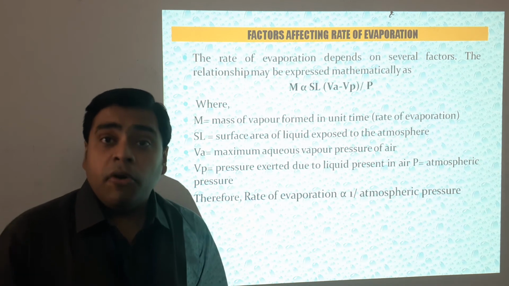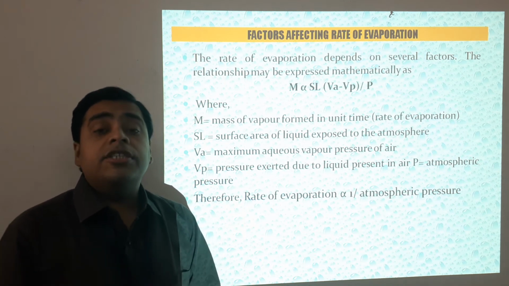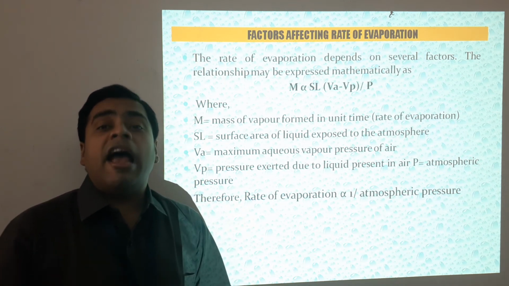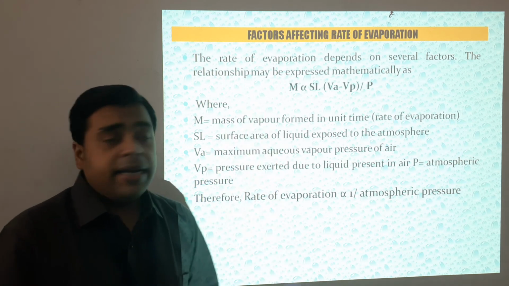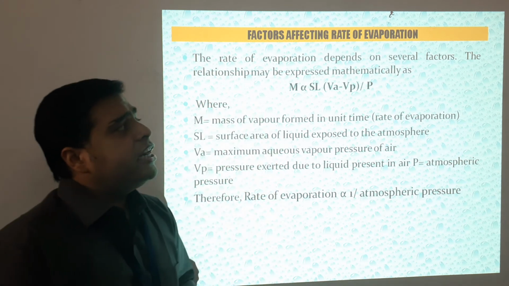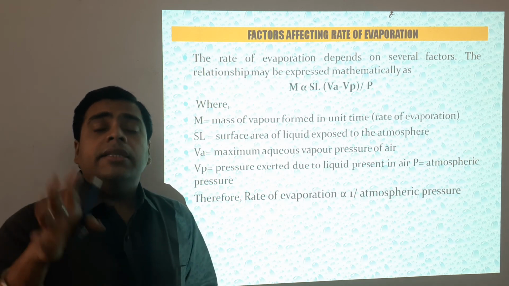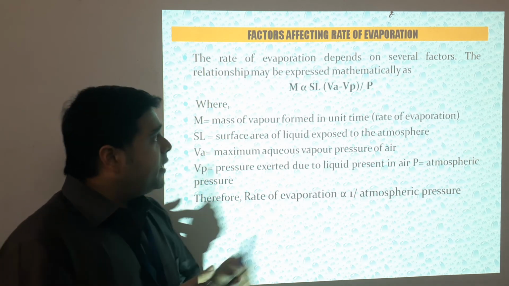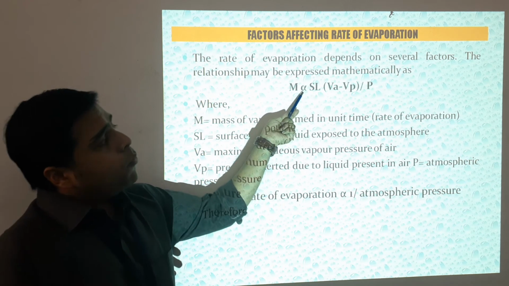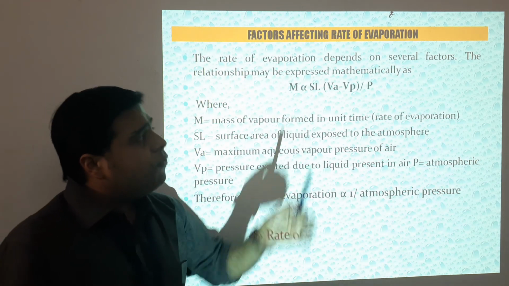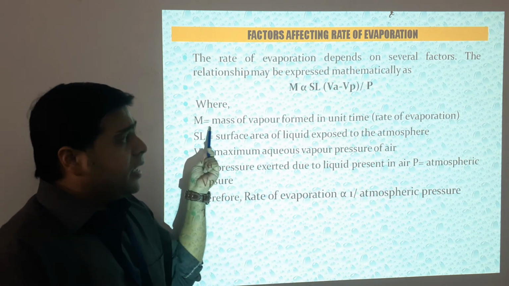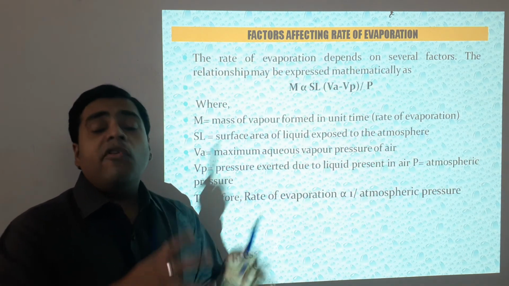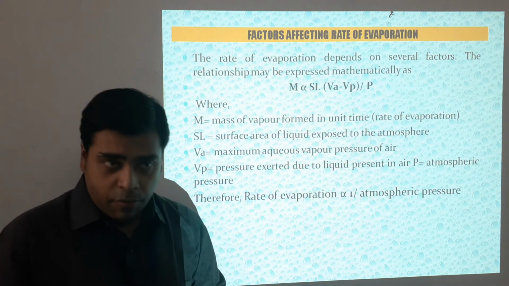Next, a very vital point: what are the factors which affect the rate of evaporation? There is an equation we can see mathematically. The rate of evaporation depends on different factors, and the relationship may be expressed mathematically as M proportional to SL into (VA minus VP) divided by P, where M is the mass of the vapor formed in unit time, that is the rate of evaporation.